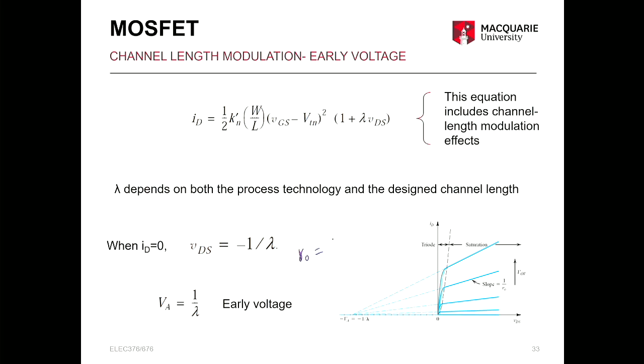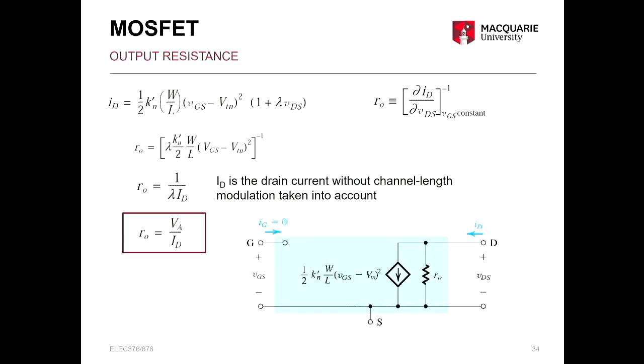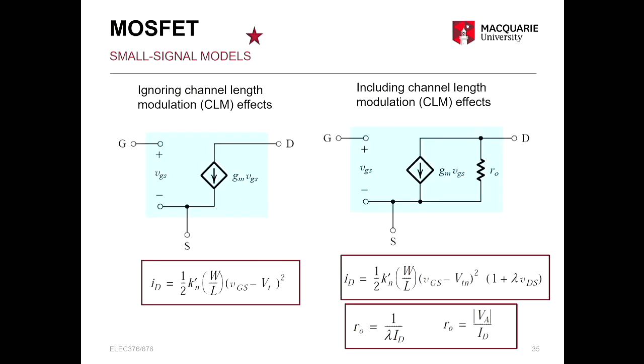R0 is VA divided by ID. It's a linear relationship, so Ohm's law applies here. So R0 is the early voltage divided by the drain current through that.